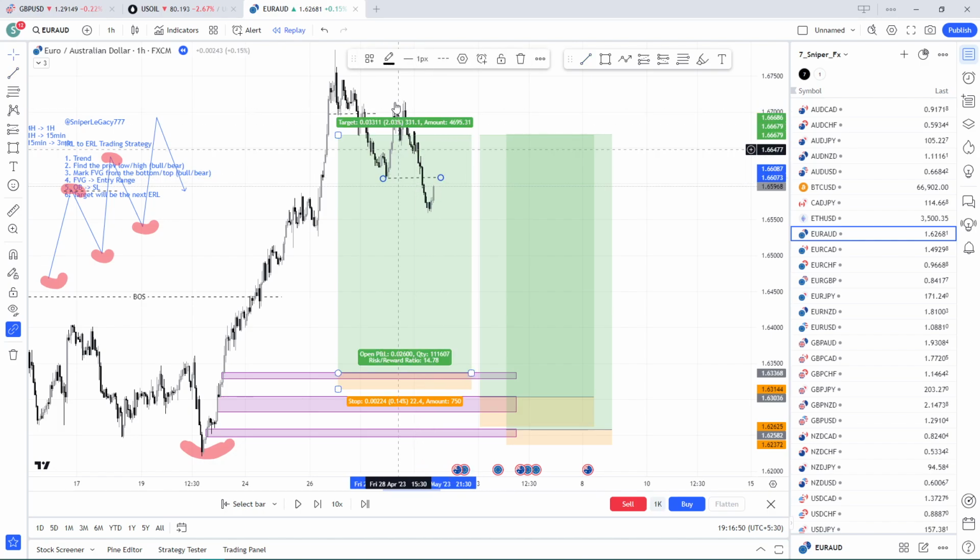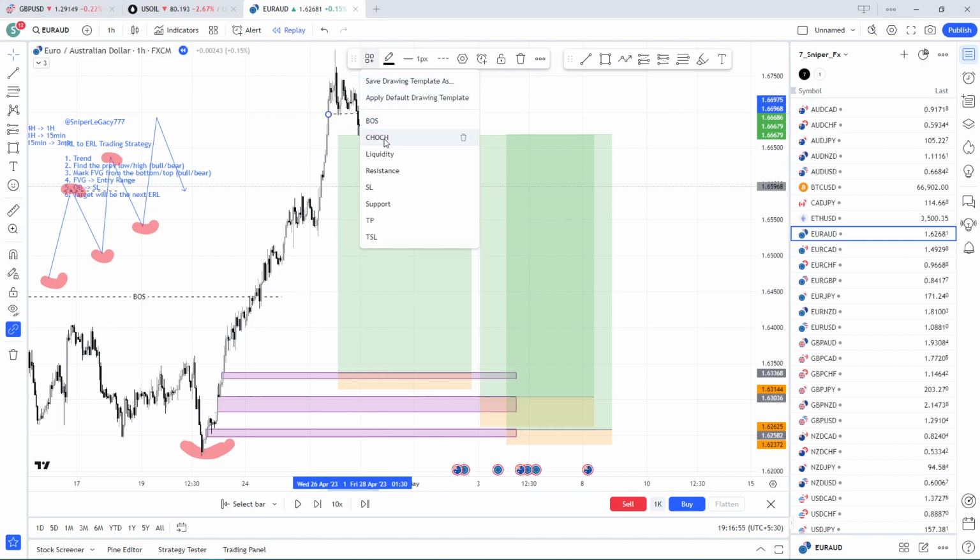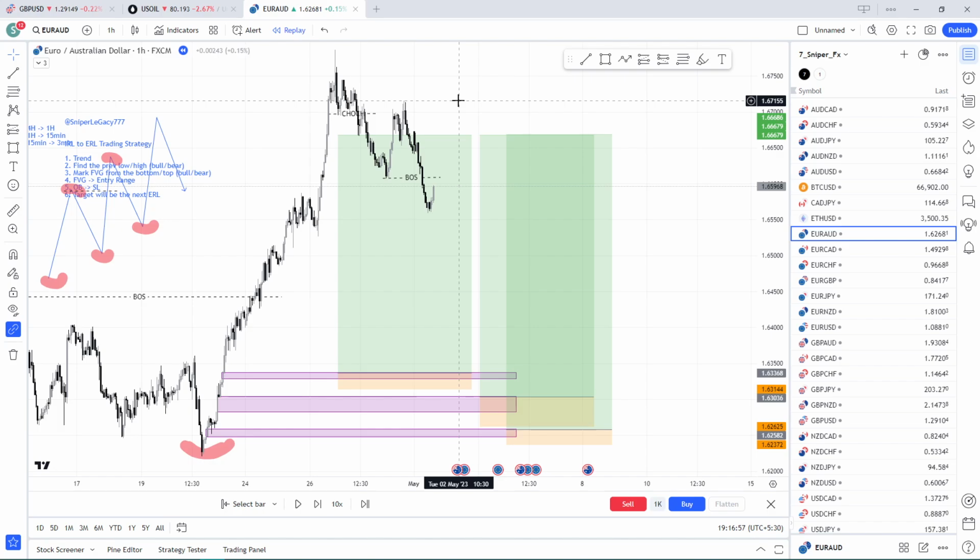This is confirmation for bearish trend. Yes, you guys are right. So this is confirmation for bearish trend, right? I'm not going to take this trade, but this is a minor trend, right? So if you can go down to 15 minutes and start trading this, you can take short trades.